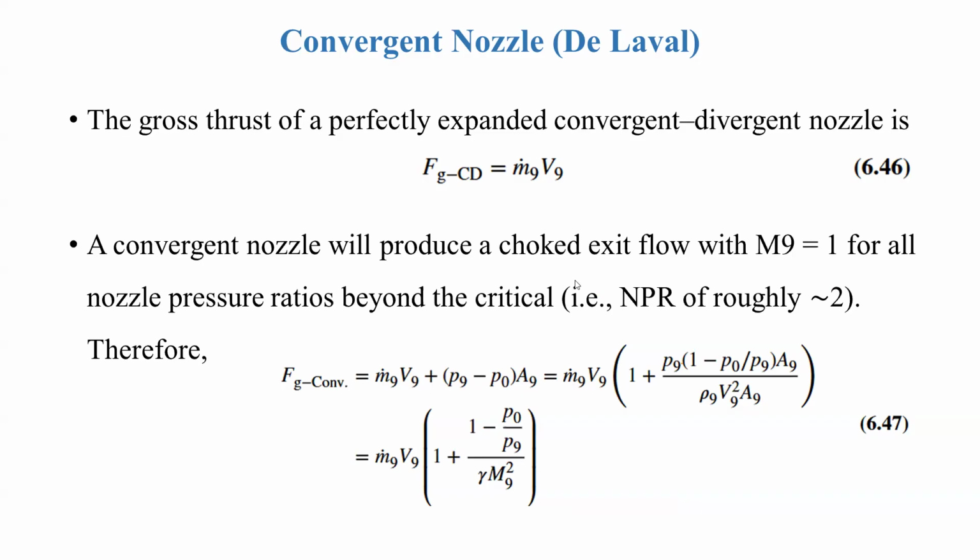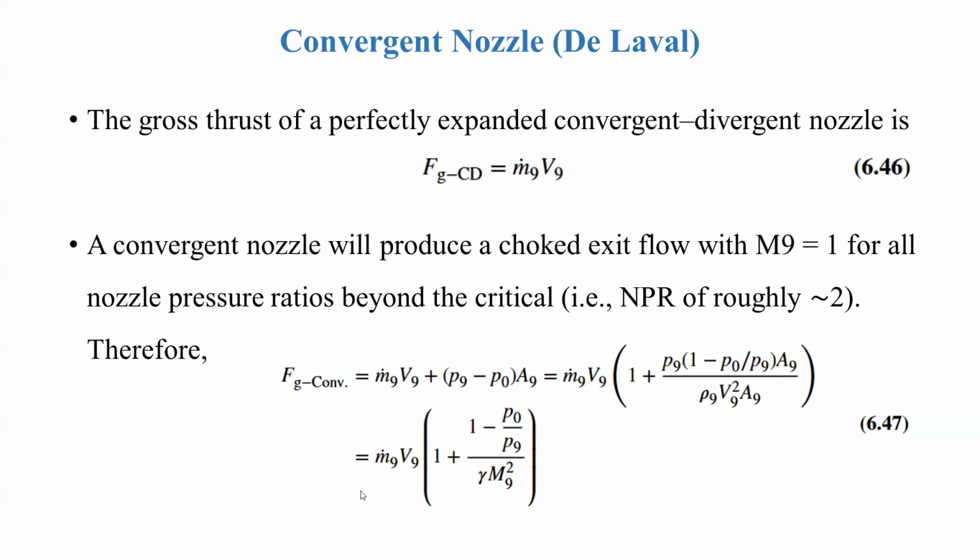The flow becomes choked for all nozzle pressure ratios beyond the critical, that is, a nozzle pressure ratio of roughly 2. Therefore, the gross thrust of the convergent nozzle is the sum of the momentum and the pressure term, which is represented with this kind of relation.